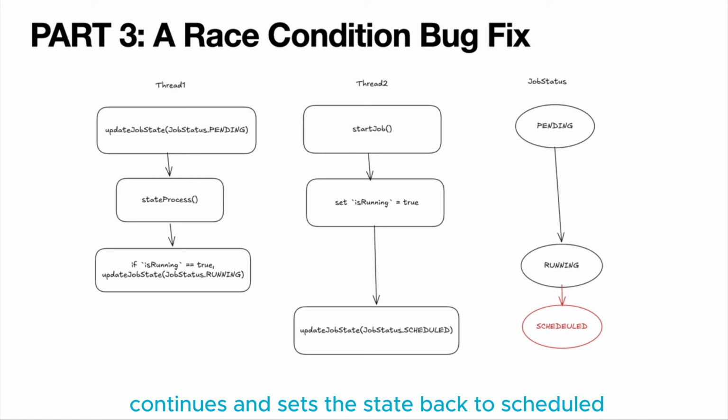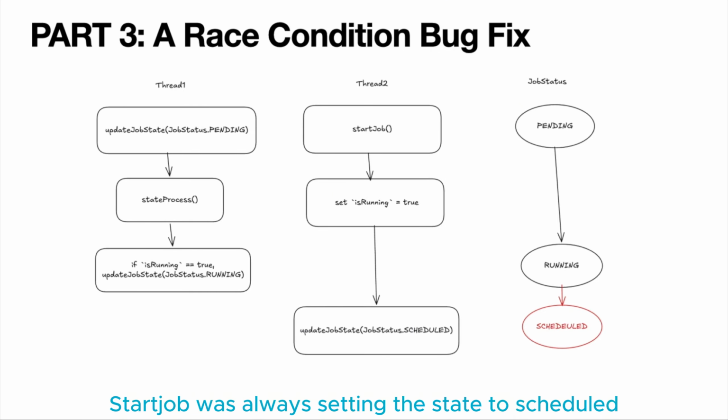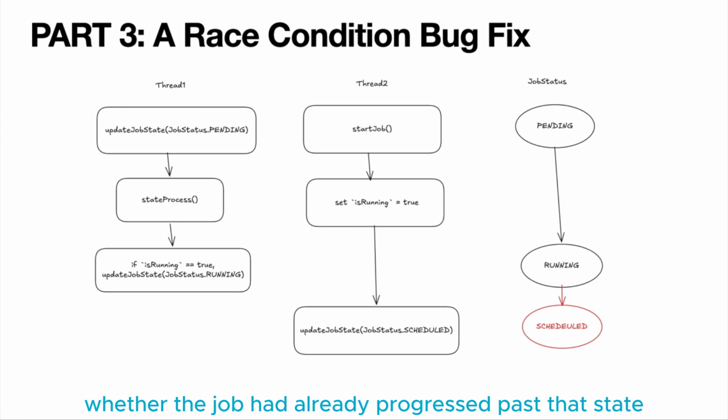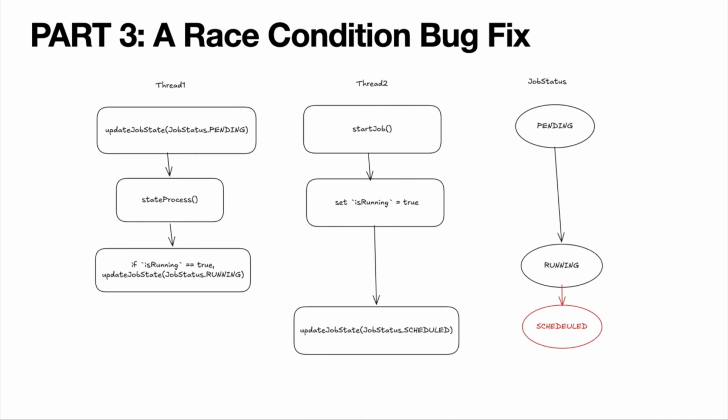Then start job continues and sets the state back to scheduled, only to flip it back to running again. Start job was always setting the state to scheduled as part of its initialization logic, without checking whether the job had already progressed past that state.